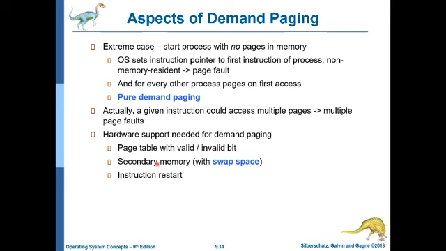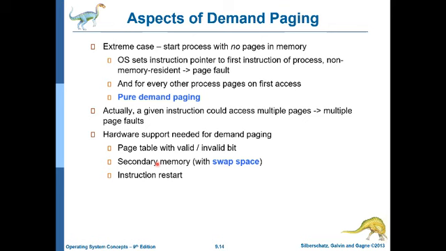After a few instructions, another page is needed. The operating system sees the invalid bit for that page because the page is not resident, it is not in main memory. So this page is loaded, and in this way, in the beginning, many page faults are generated very quickly. This is the idea of pure demand paging.